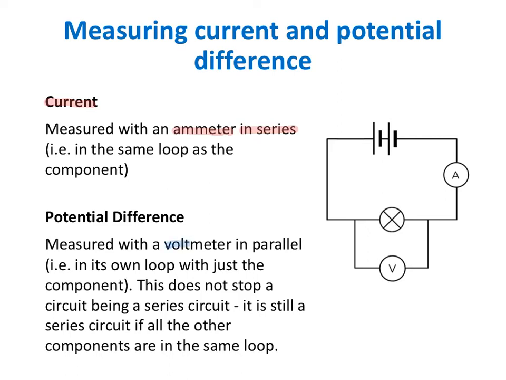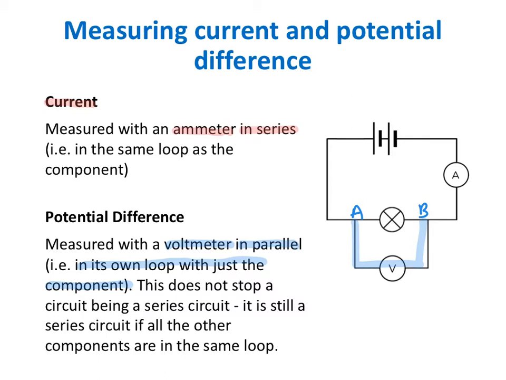We said earlier that we needed to use a voltmeter, but you always have to put the voltmeter in parallel, so that's in its own loop, for whichever component you want to measure. In the diagram on the right, we are essentially measuring the potential difference across the bulb. So we're measuring the potential difference from, if you want to call it A and you want to call it B, that's where we're measuring the potential difference.